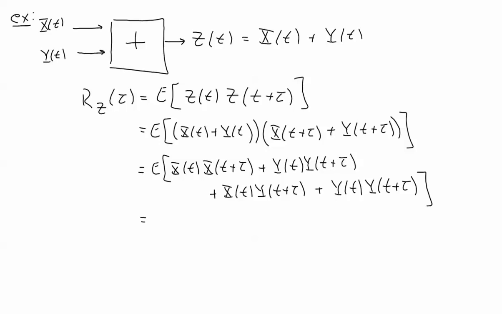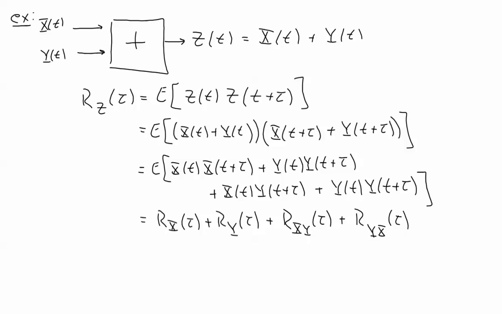And we get the autocorrelation of x plus the autocorrelation of y plus two cross-correlation terms, r x y plus r sub y x.